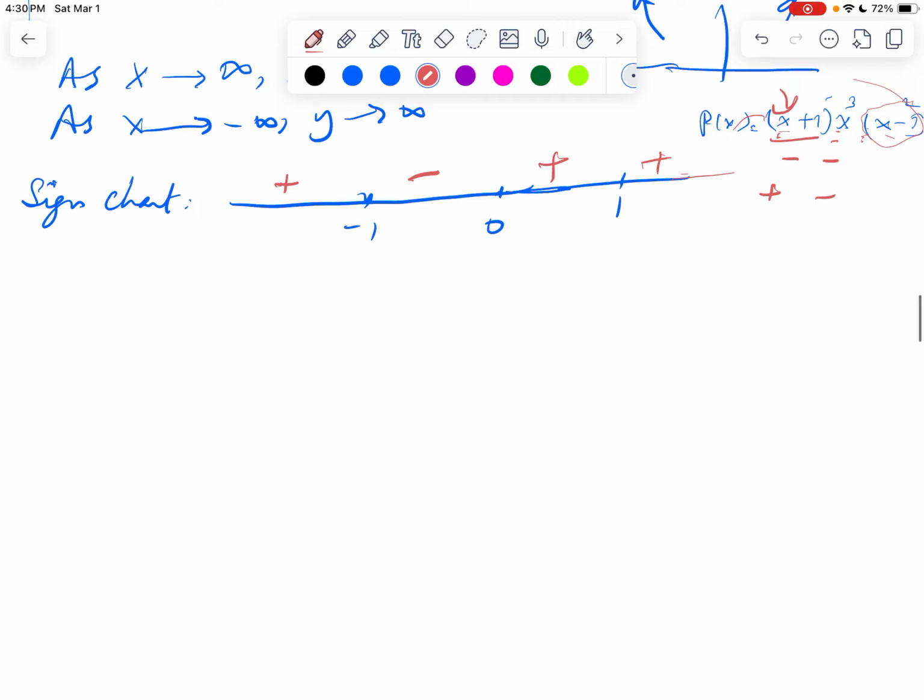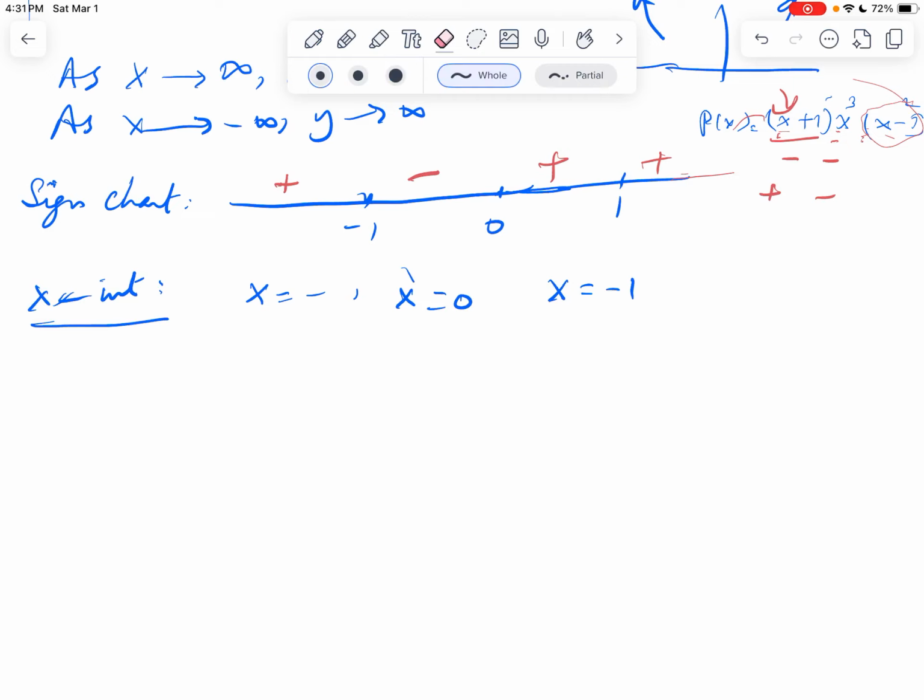As I said, the x-intercepts you already know. These are the x-intercepts. And now, what about the y-intercept?